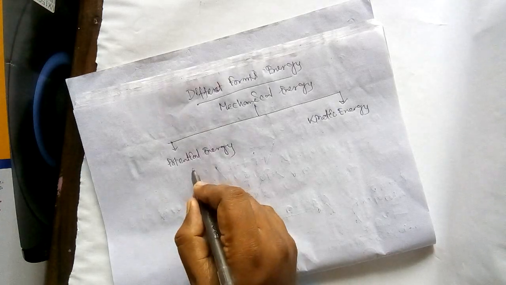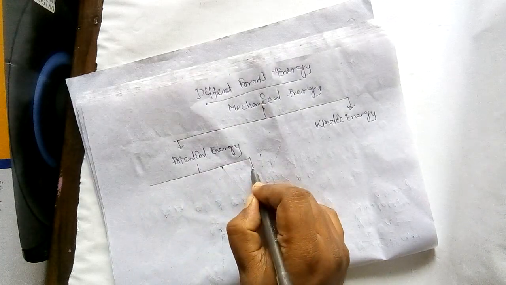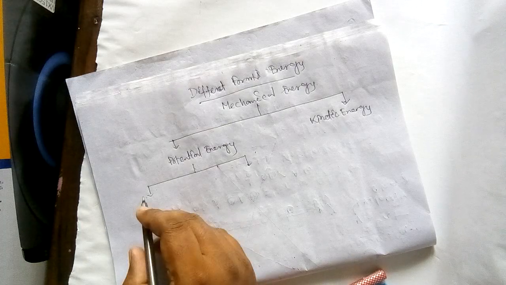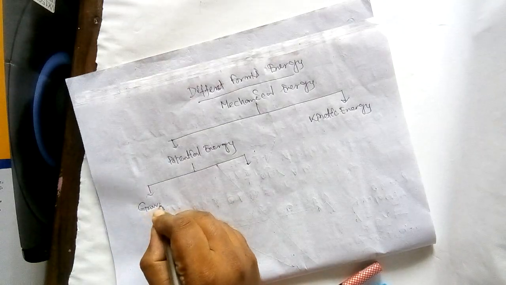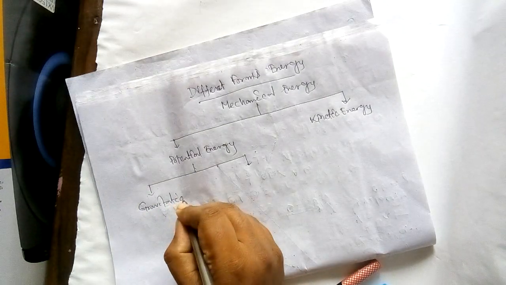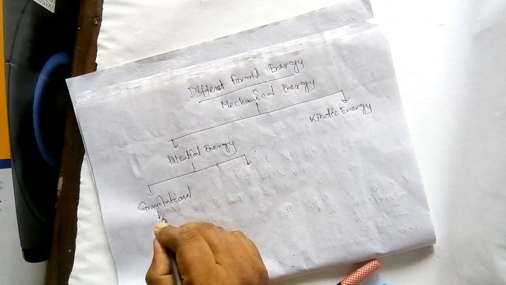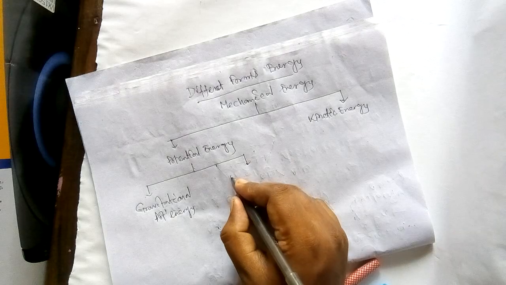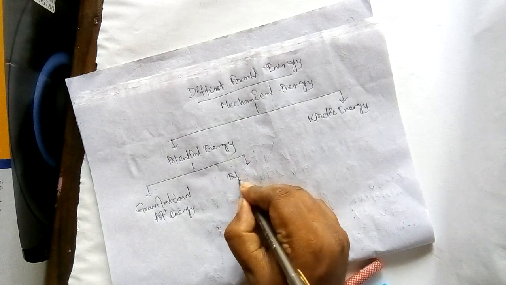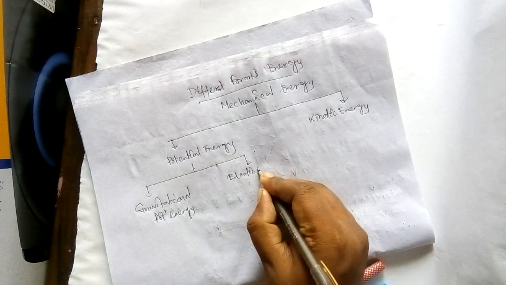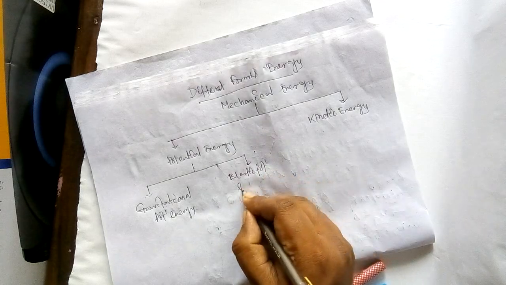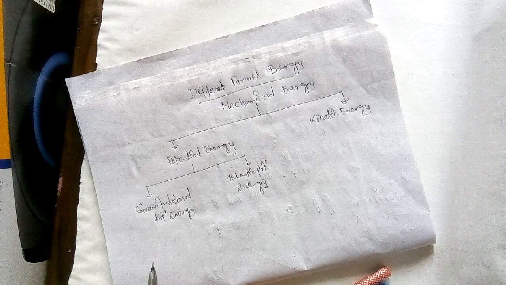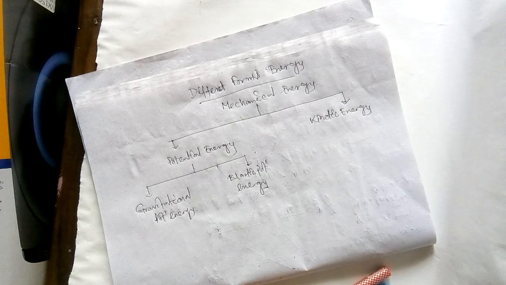Here we have to see the types of potential energy. There are two kinds of potential energies in general. One is known as gravitational potential energy and another one is known as elastic potential energy. Now we're coming to gravitational potential energy. What is gravitational potential energy?